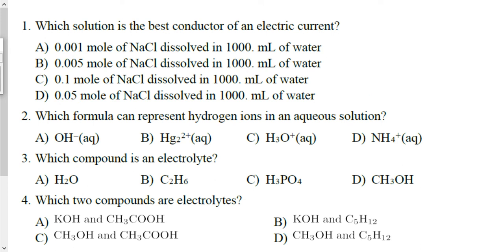For question 2, we have to figure out which formula can represent hydrogen ions in an aqueous solution. So you have to think about the definition of an acid and base, right? Which one produces hydrogen ions? Is it acid or is it base? Only acids can produce hydrogen ions, right? We call it hydronium ions.